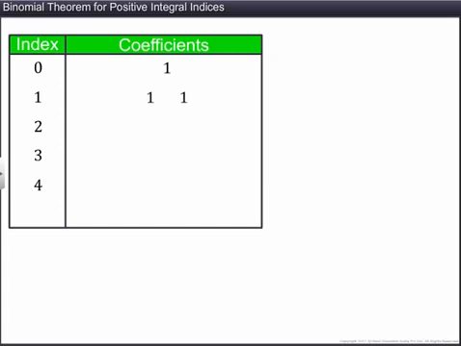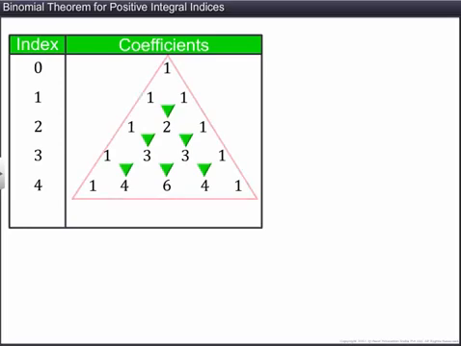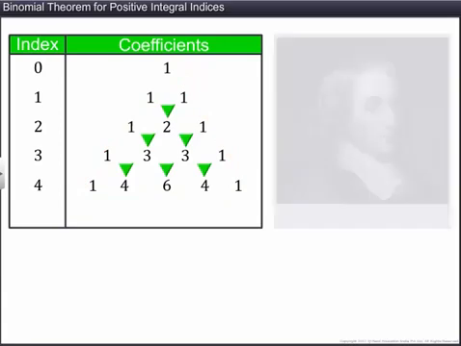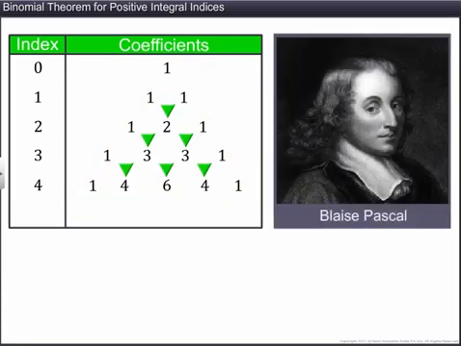The coefficients of the second row are added to get the coefficients of the third row, and the coefficients of the third row are added to get the coefficients of the fourth row, and so on. This structure looks like a triangle. This was developed by a French mathematician, Blaise Pascal. It is known as Pascal's triangle.